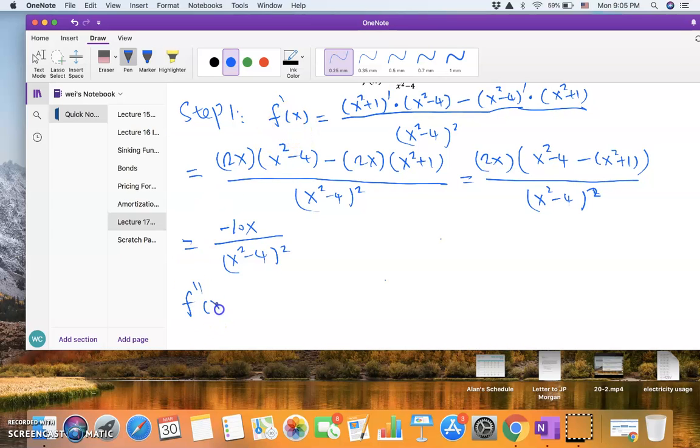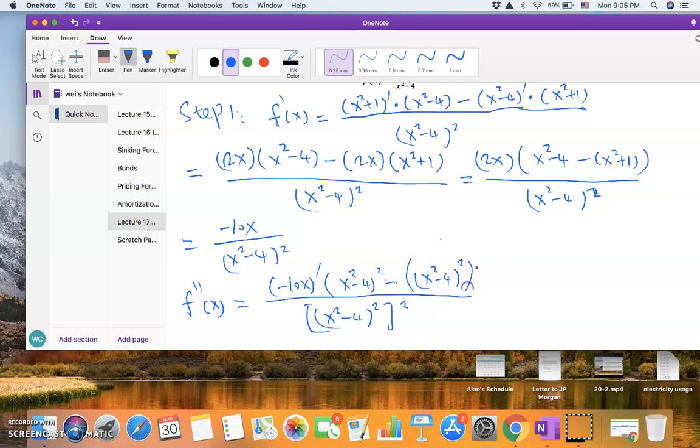To find the second derivative, we take the derivative of this result, and again we're using quotient rule. And minus the derivative of the denominator times negative 10x.